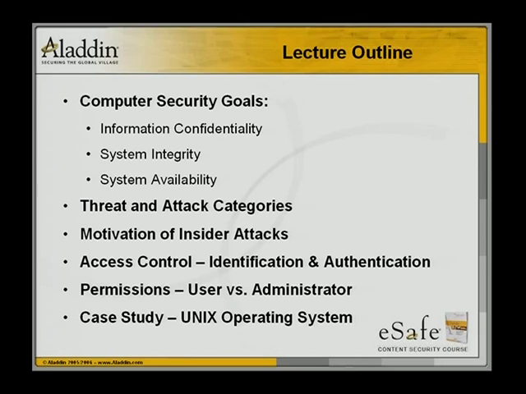We'll speak about access control, identification, and authentication. Think of identification as the username and authentication as the password, or the token, or the smart card, or whatever it is. And we'll speak about permissions, user versus administrator. In every operating system, we have a user called administrator and a simple user called user.